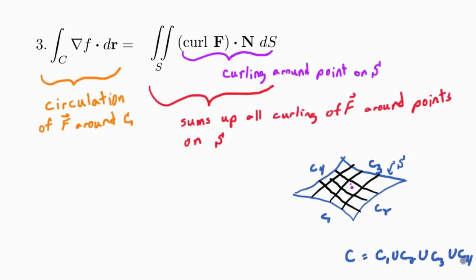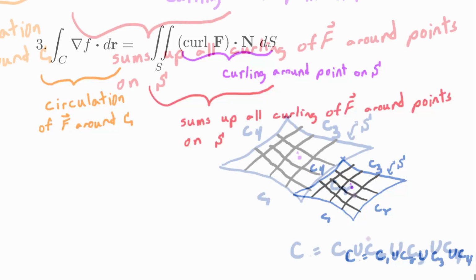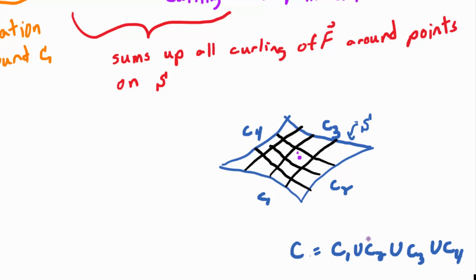Then what happens is you've got the vector field F kind of swirling around this point, right? But if you want to think of it in terms of the left-hand side, the line integral side, since this is a super small surface patch of F, you can think of the curling as the circulation around this point that I've indicated here.